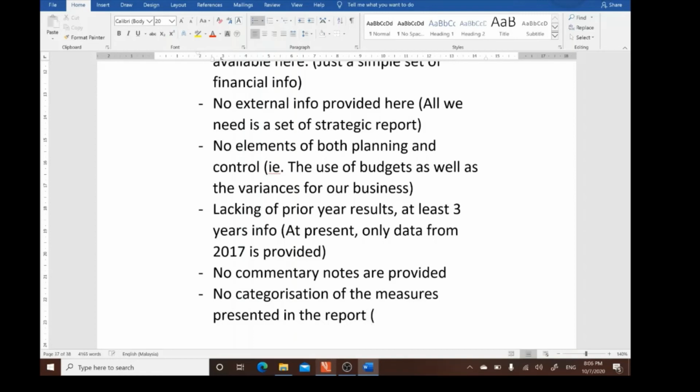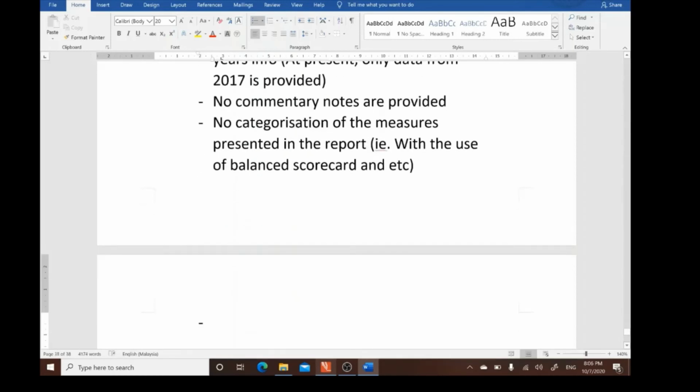If it used, for example, a balanced scorecard, at least it would show us under which particular category each one falls. That is what we want, because you have to understand this is mainly for the use of the management.